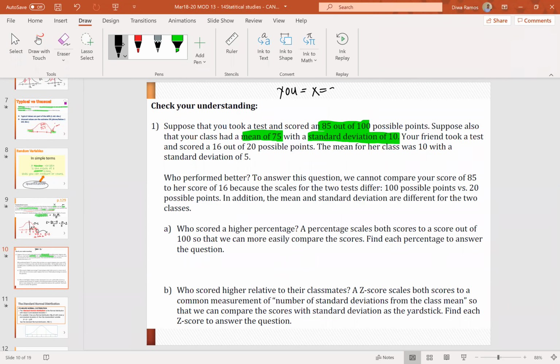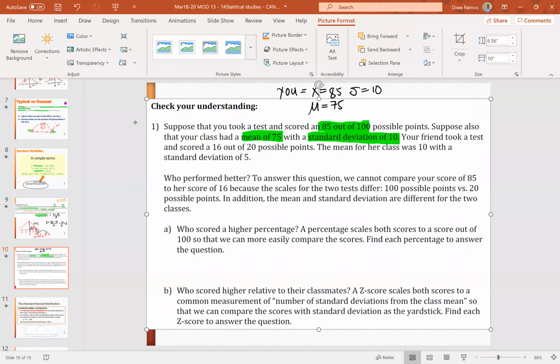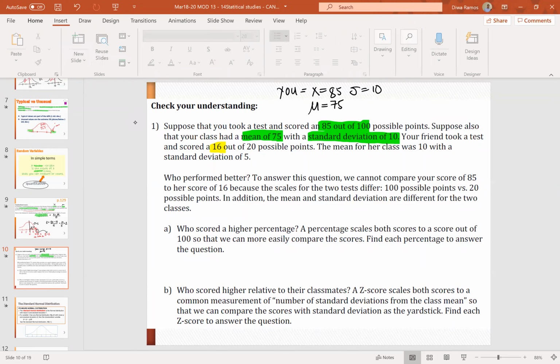You got a score of 85, a mean of 75, and a standard deviation of 10. Okay. Now, your friend took a test, so it might not be the same test, because it's only 16 out of 20.